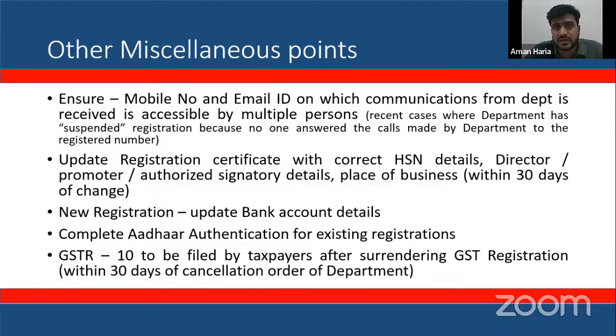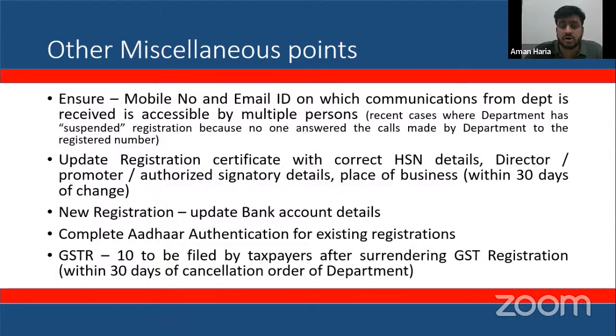As we discussed, bank account details are mandatory, so if you have obtained a new GST registration, that will be deemed to be completed only after you have uploaded the bank account details. Aadhaar authentication right now is mandatory only for new registrations and those assessees who are opting for GST refunds.